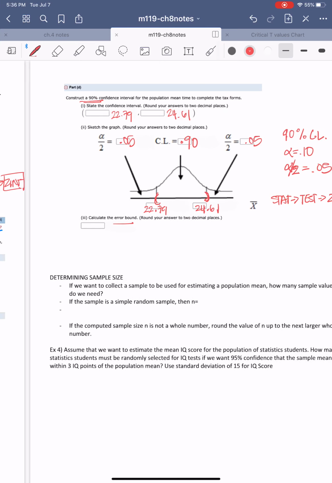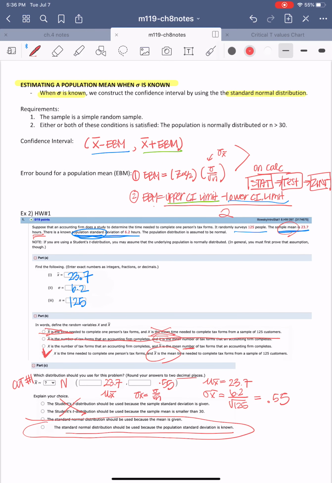Calculate the error bound. For the error bound, you can use the first formula, but since we already constructed the confidence interval, I'm just going to use upper minus lower, divided by 2.